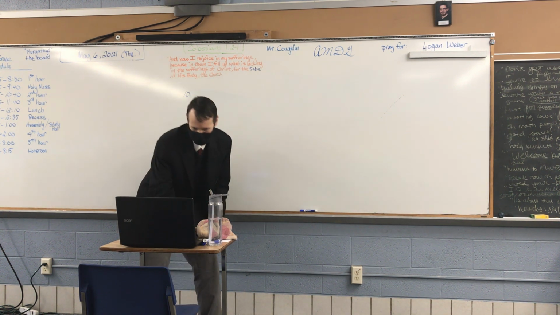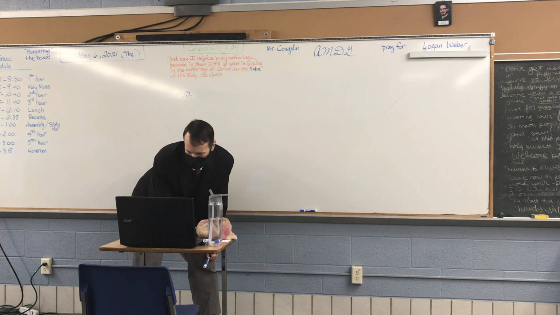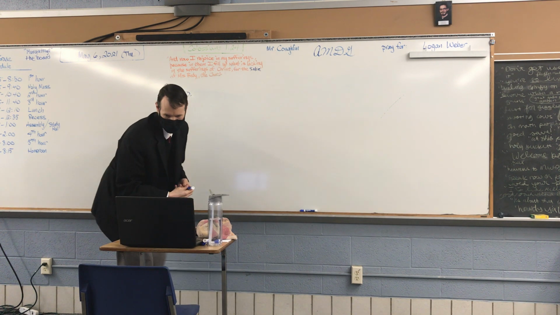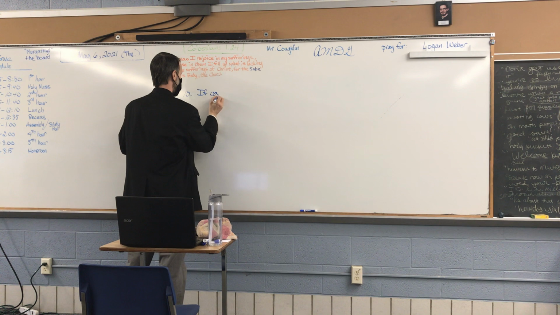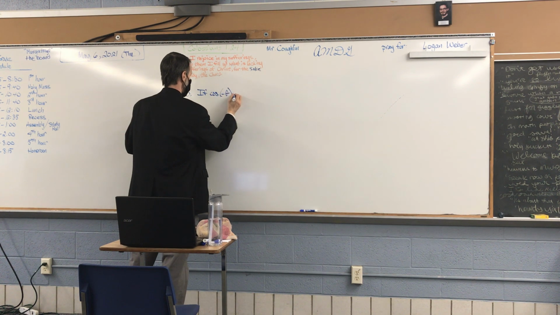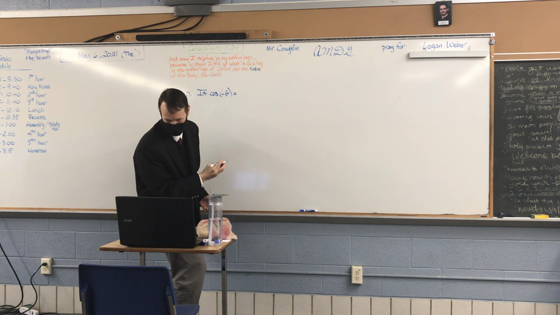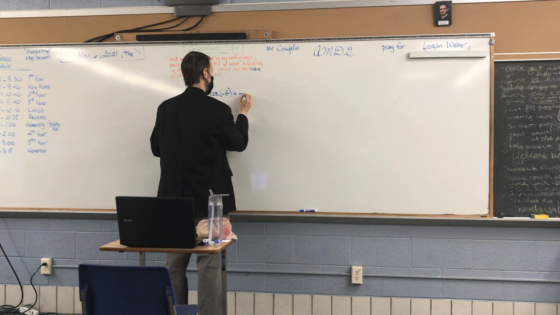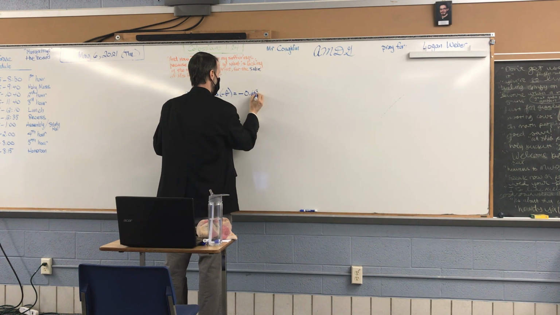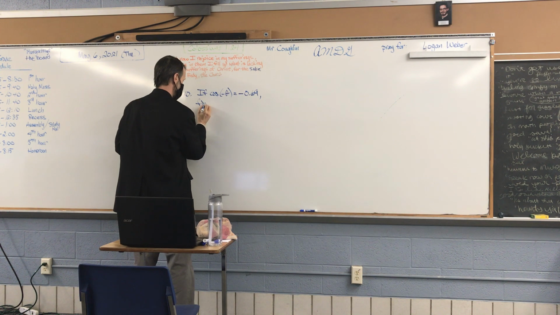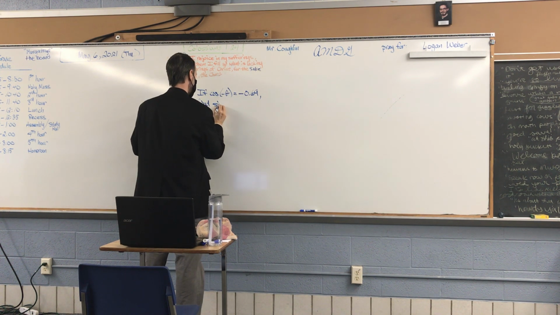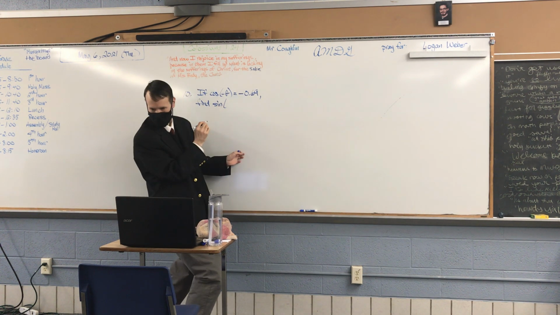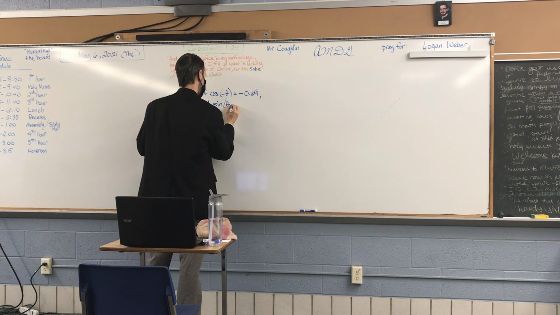Number 10 looks like this. If cosine of negative theta is equal to negative 0.69, find the sine of theta minus pi over 2.